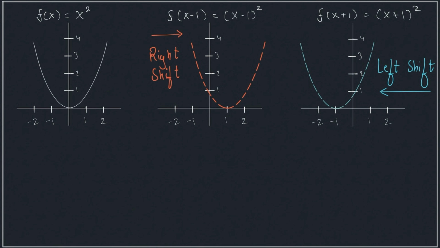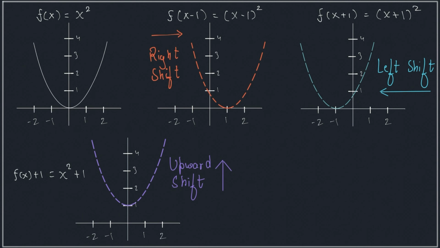On the other hand, if I want to left shift my graph, I need to add that number to x itself. For example, here I want to shift my graph by 1 unit to the left side. Therefore, I have added 1 to the x itself, and my function became (x plus 1) squared.